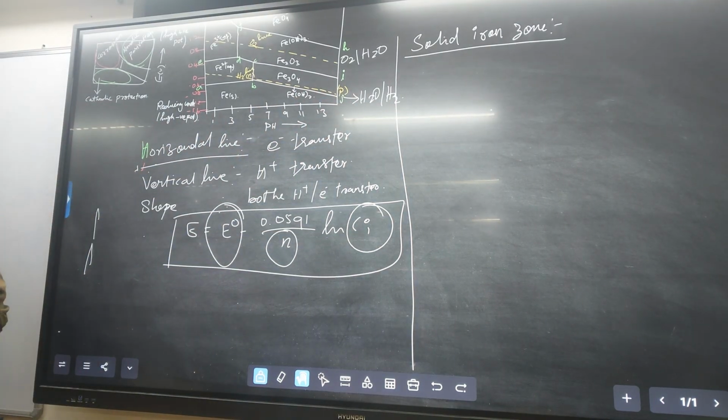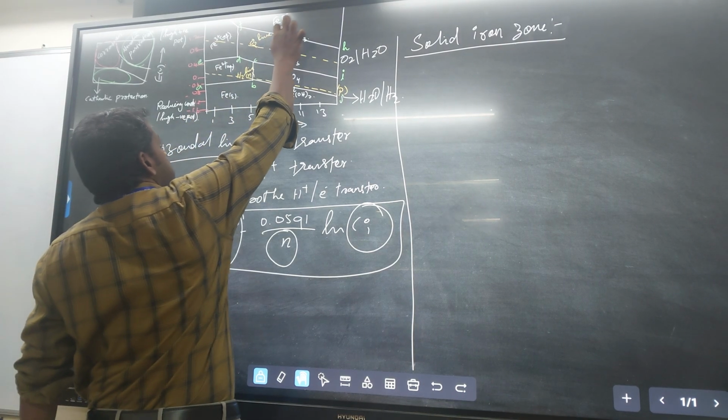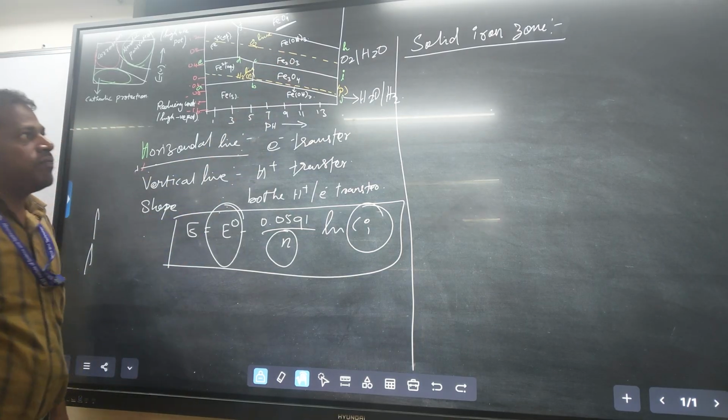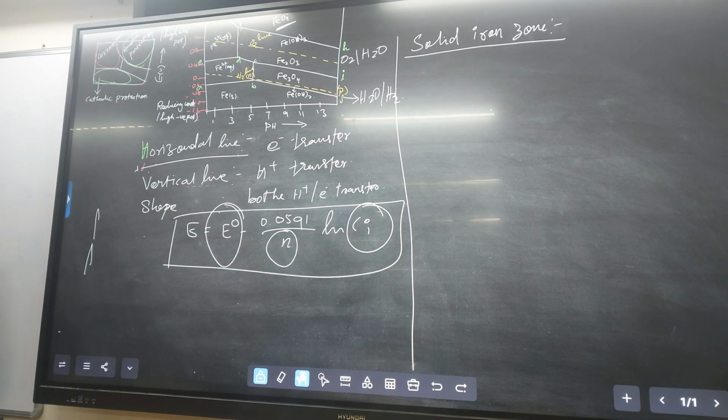Above the line is an oxygen environment, and below the dashed line a hydrogen environment, H2. So above only oxide forms, and below the dashed line H2 condition.